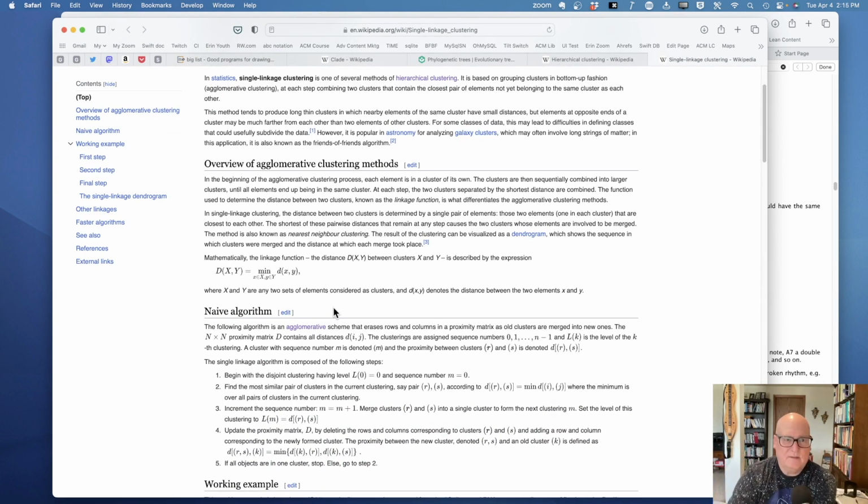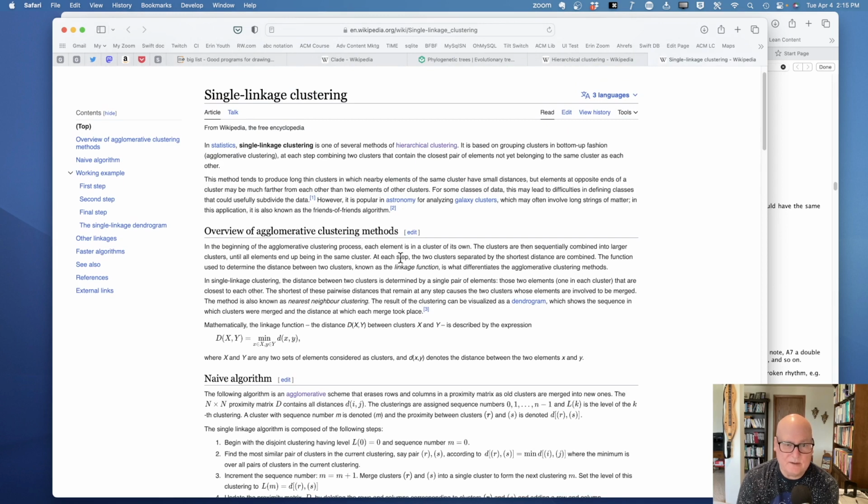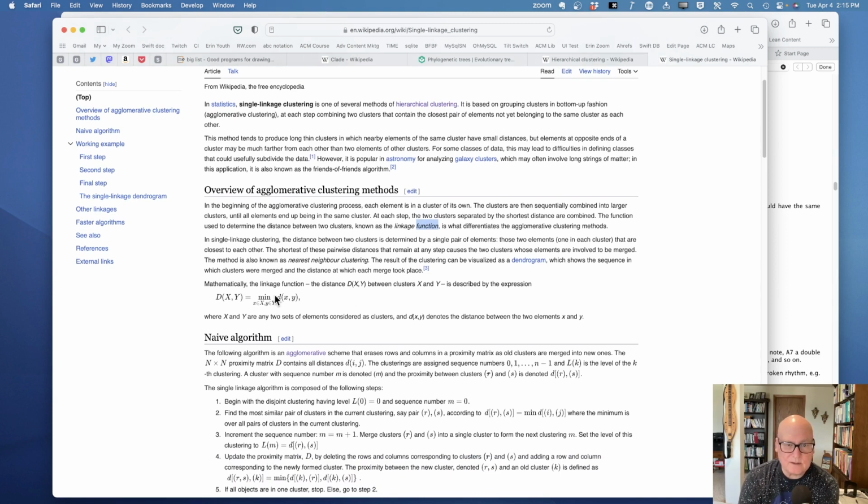Effectively, they sort of stick together. So start with each element in a cluster of its own. Then you figure out ways to combine clusters into bigger clusters until everything's in the same cluster. Each step, the two clusters separated by the shortest distance are combined. The linkage function is what differentiates them. Well, this sounds like a doable kind of thing.